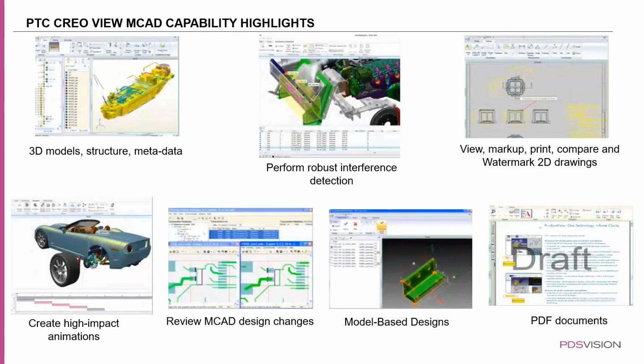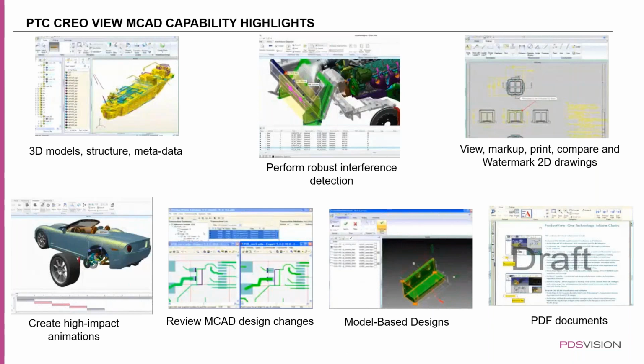Okay. You can also perform robust interference detection. So if the manufacturing department realizes that there's a bit of interference when they're prototyping a particular product, they can always go into Creo View, open the model, run an interference check, and they can see that, and they don't need a CAD authoring application.